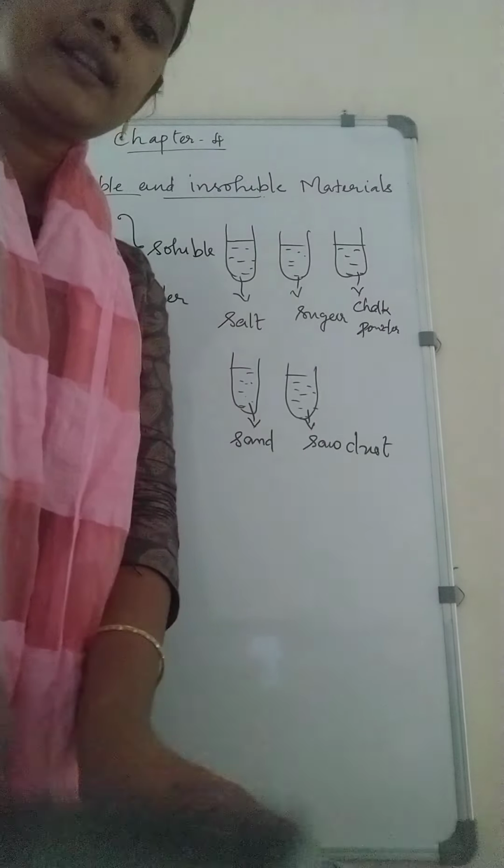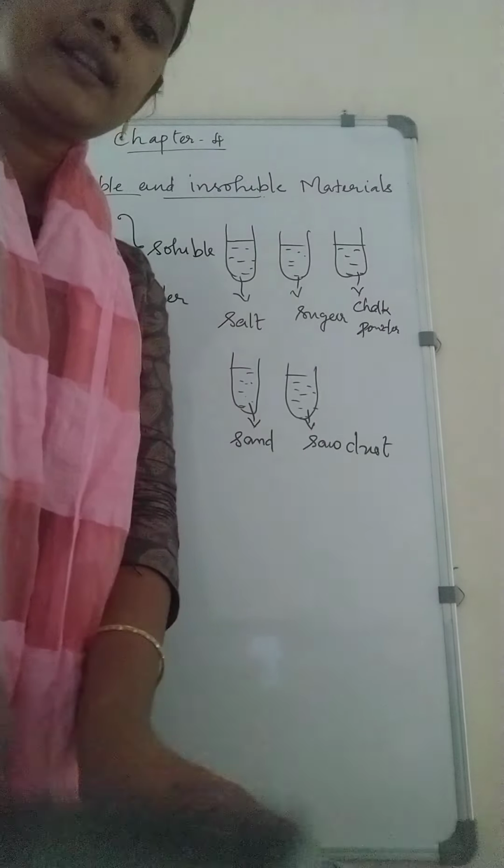Then you can see in the first and second beakers the vinegar and lemon juice disappear. You cannot see whether it is vinegar or water, lemon juice or water. We cannot identify them separately. That means these substances disappeared during stirring. But in the third and fourth beakers, we took oil and kerosene.